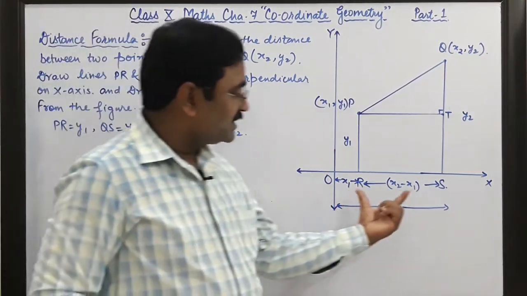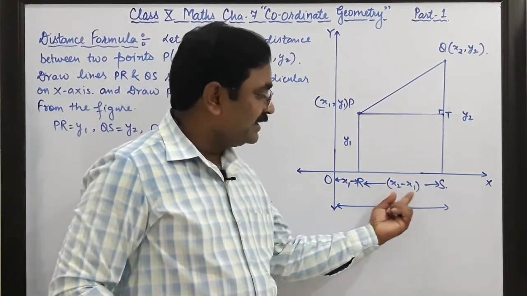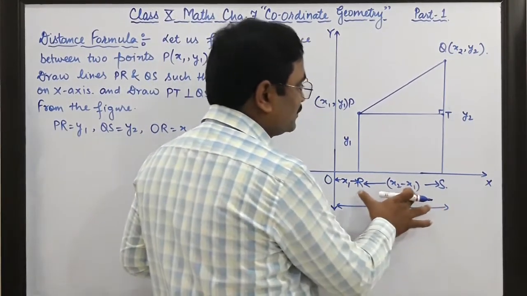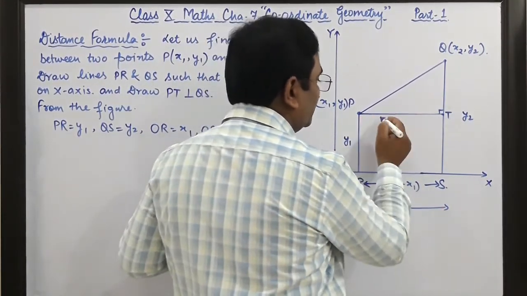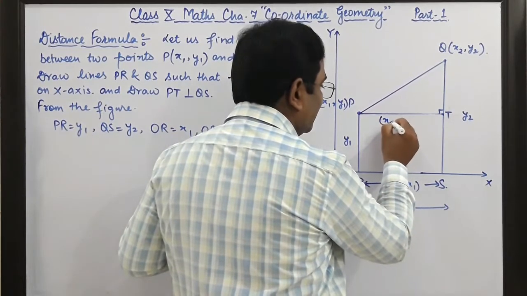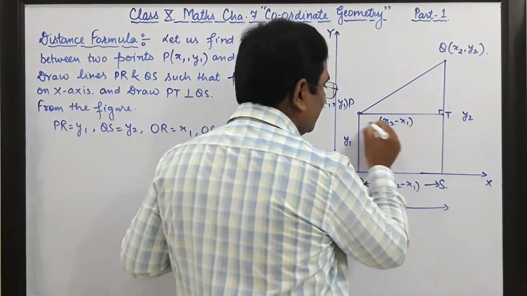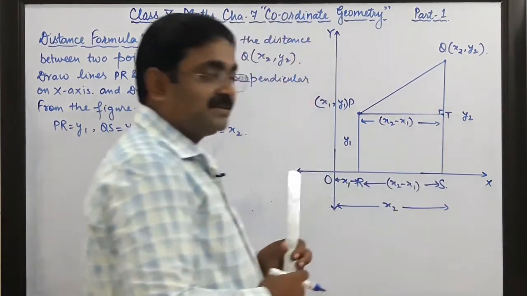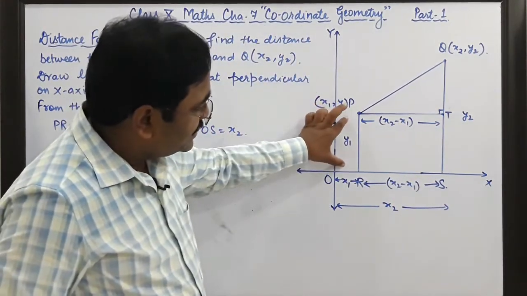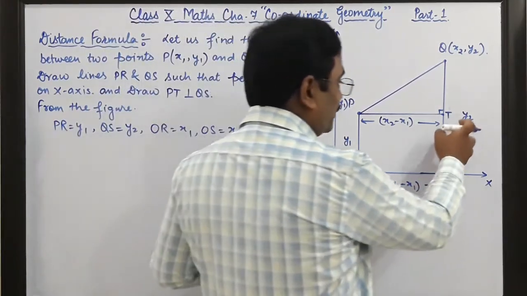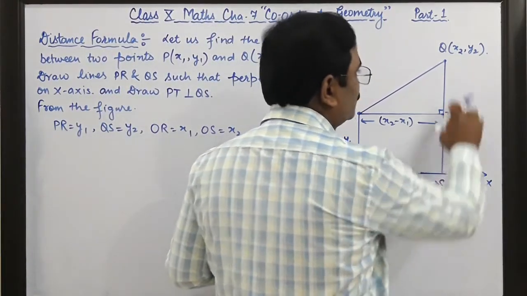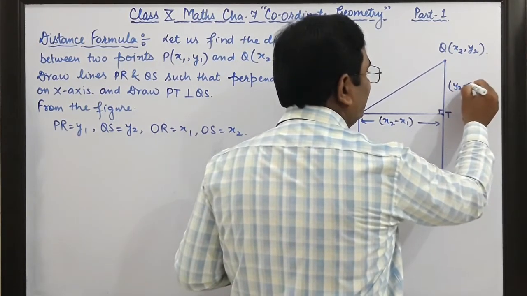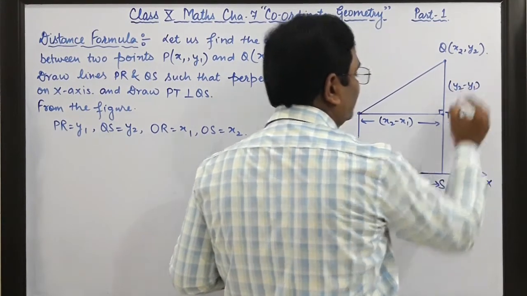Similarly, the measure of PT will also be x2 minus x1, right? Similarly, if PR is y1, therefore TS will also be y1, so the measure of QT will be written as y2 minus y1.